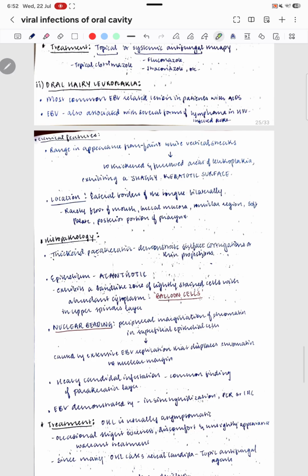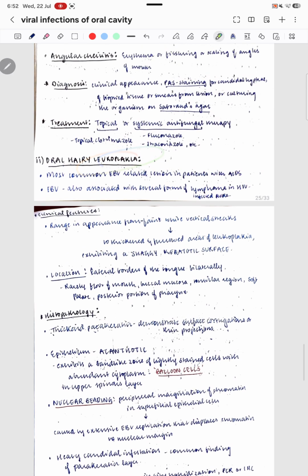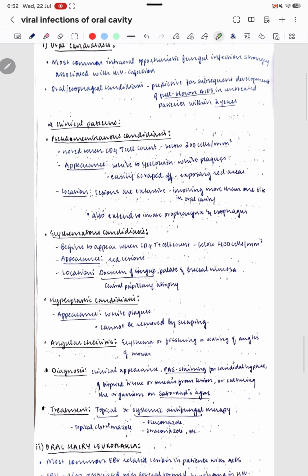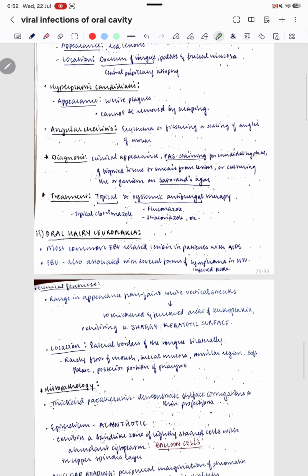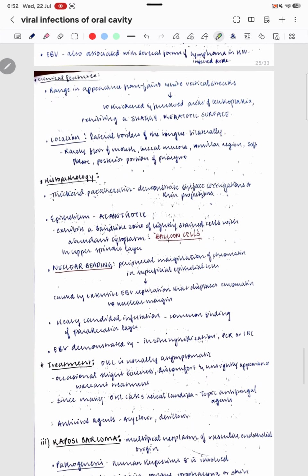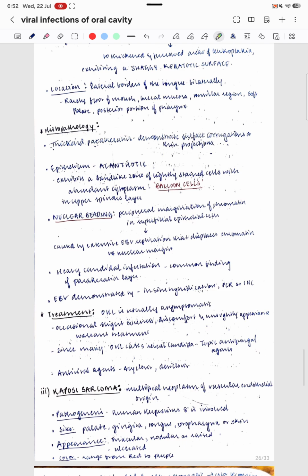Then if you see the histopathology, the first one in the oral manifestations was oral candidiasis, and the second one is oral hairy leukoplakia. In the histopathology of hairy leukoplakia, you can see acanthosis and surface corrugations and thin projections of the epithelium into the connective tissue.